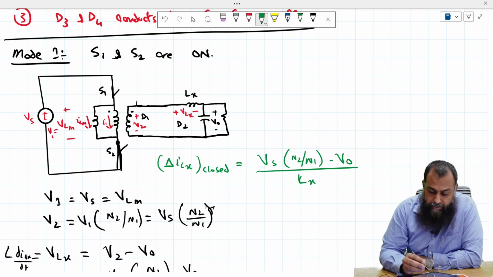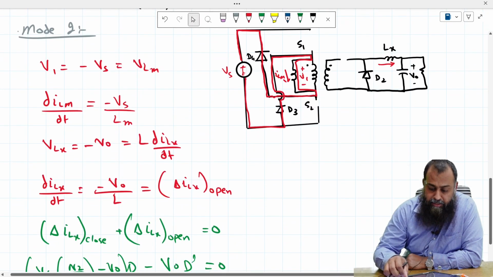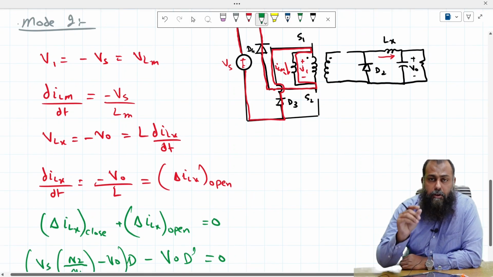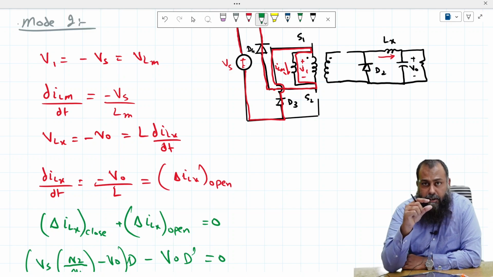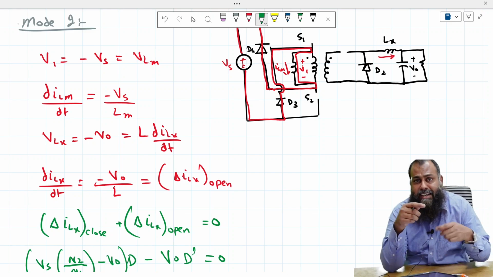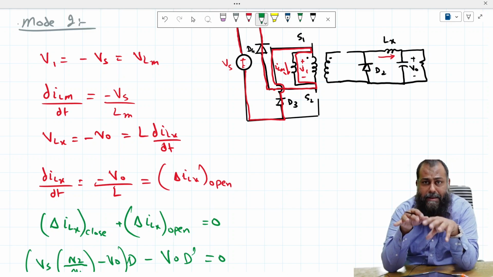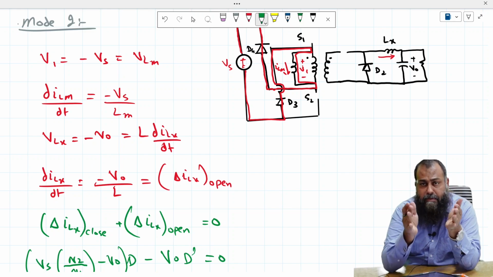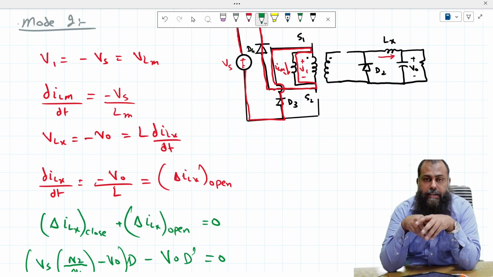So the slope for this magnetizing inductance current is Vs over Lm for the turn on time, while the slope is minus Vs over Lm when the switches are open. And because the slope is exactly the same for the turn on time as well as for the turn off time, in order to fully reset, or fully demagnetize, the core, the maximum duty ratio that can be applied onto switches S1 and S2 must be less than 0.5.